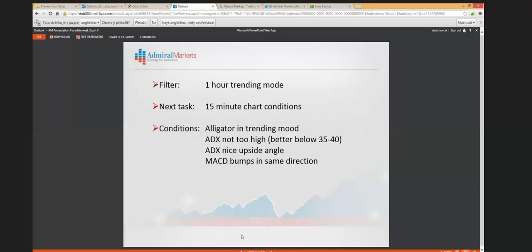Well, if it's close to 50, for example, we are in a very strong trend, but most likely the trend is already behind us. It's past us. The statistical probability that we get a big continuation of this trend is lower and lower. I mean, we could still get a 10-pip move out of it, but it's not worth risking 30 pips, for example.